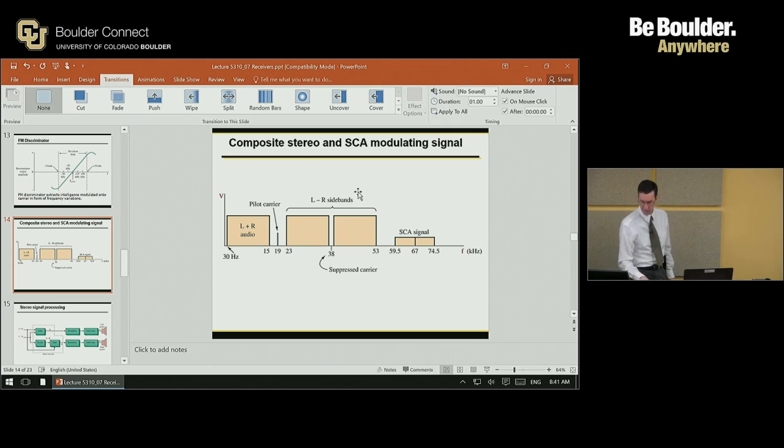When you look at this particular figure, this is the original signal here. They just transmitted both the right and left together as a monophonic signal, and the old radios were just fine with it.